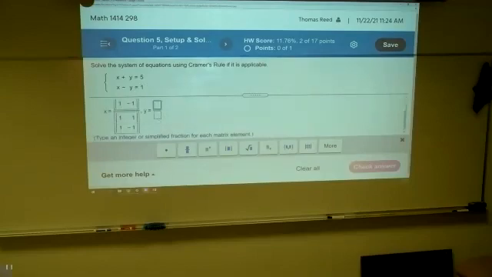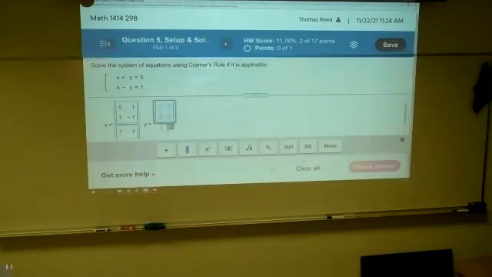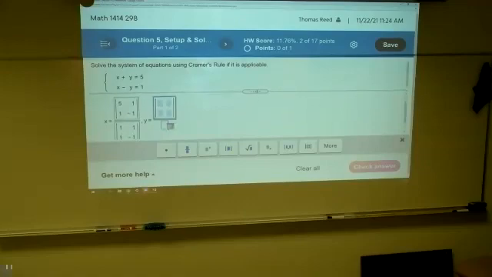So now we're going to do the same thing. Since I'm trying to find the y, I'm going to replace this 1 and negative 1 with the 5 and the 1.